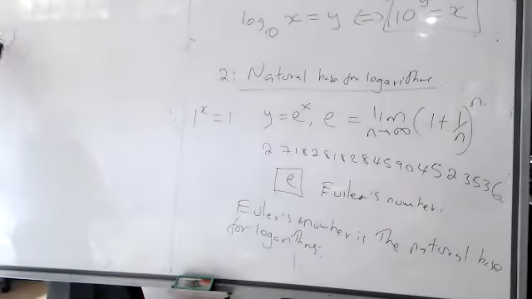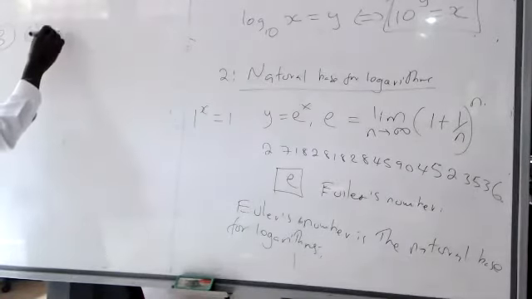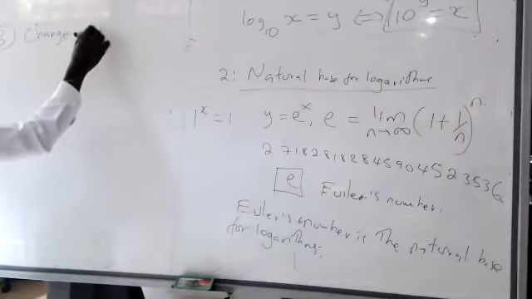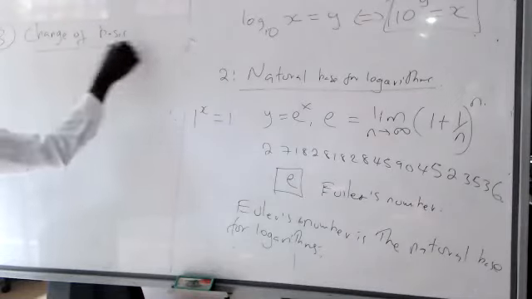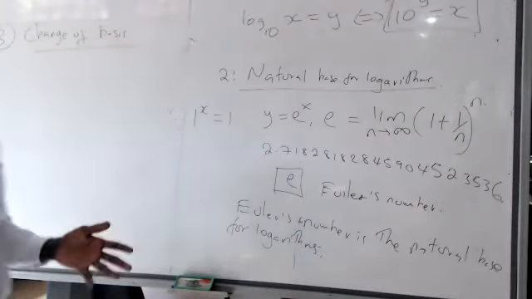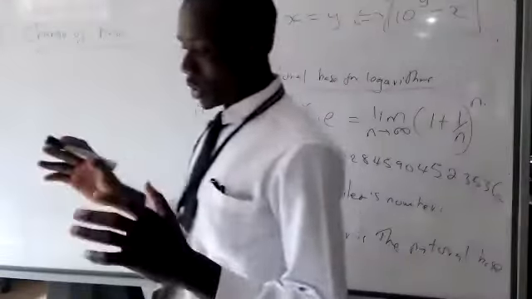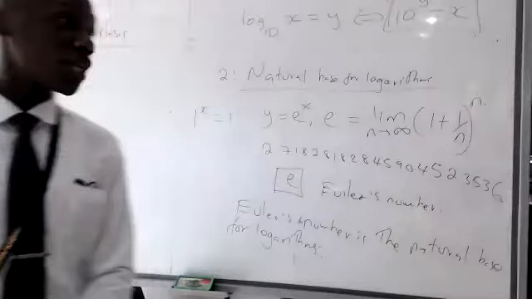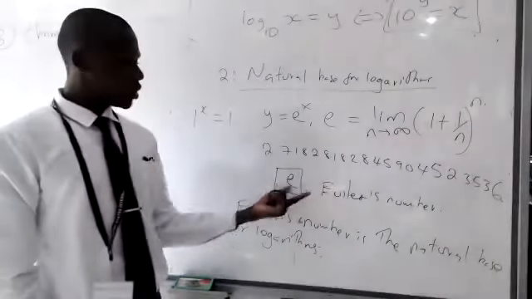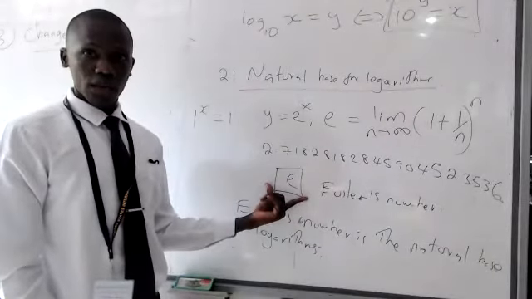Thirdly, and lastly, on logarithms, I'd like us to learn about change of bases. You have seen that most calculators, or even computers, have only two bases: the common base, which is base 10, and the natural base, which is Euler's number.